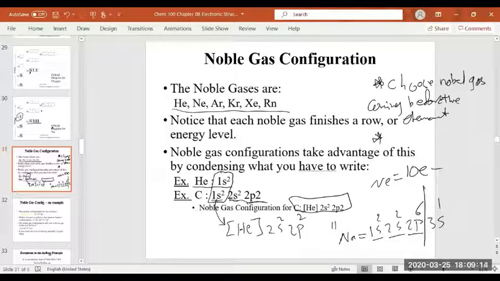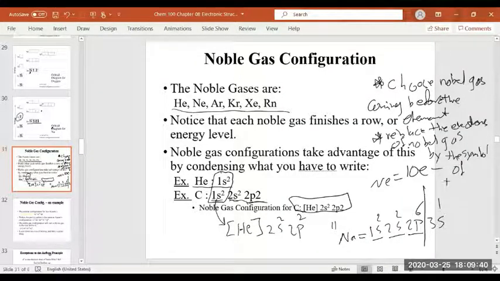Okay? So replace the electrons of the noble gas by the symbol of the noble gas inside a bracket.